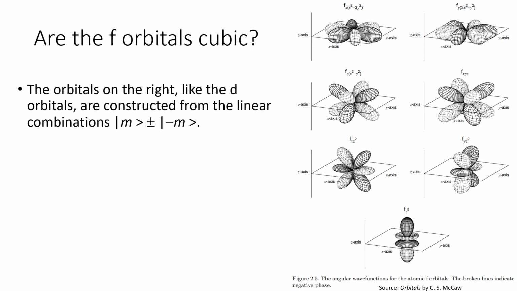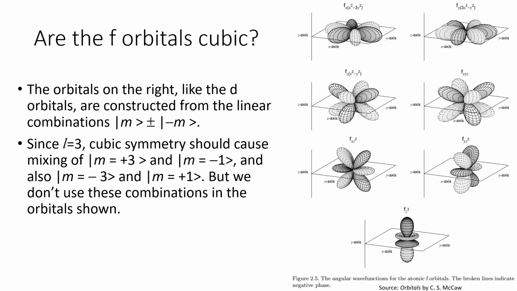So just like the d orbitals in that respect, but an important difference with f orbitals is that since L equals 3, we're not just limited to the +2 and -2 combination, which differ by m equals 4, but of course with L equals 3 we could have m equals +3 and m equals -1. They're different by 4, and also m equals -3 and m equals +1. Those are different by 4.